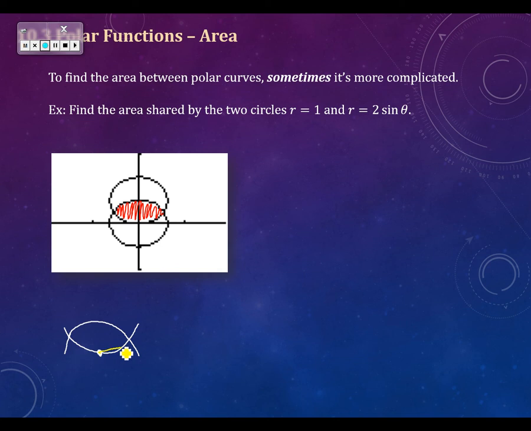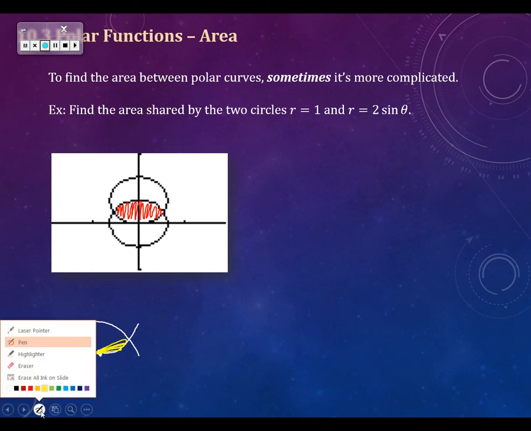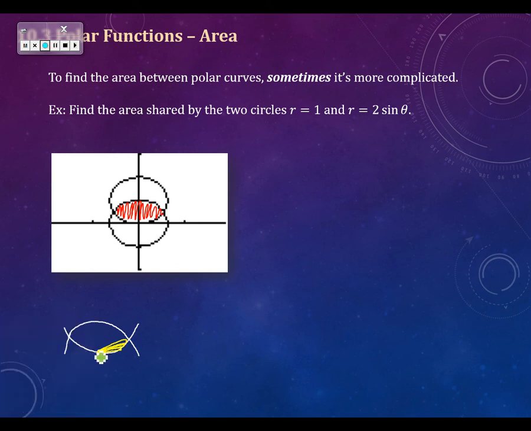Over here, I'm getting this contribution, these areas here, do you see them? Which have nothing to do with this arc. All those yellow pieces have nothing at all to do with this arc. And then, as soon as I get to that mystery point, after that, these areas have nothing at all to do with this arc. Do you agree?